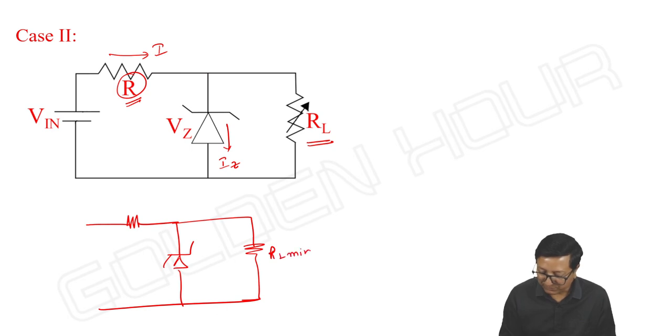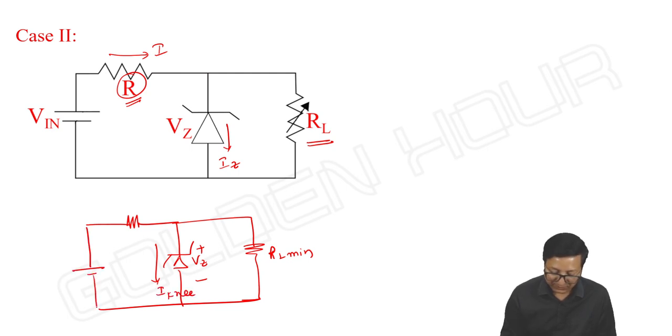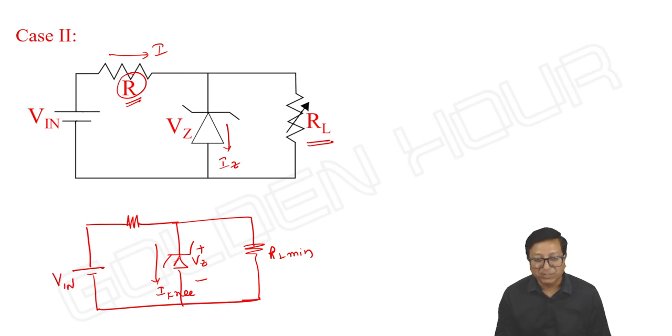RL is minimum. Definitely IZ should be minimum. IZ is always proportional to R, and hence it is knee current. As current IZ is minimum, I should write I minimum only. I cannot write I maximum and all.